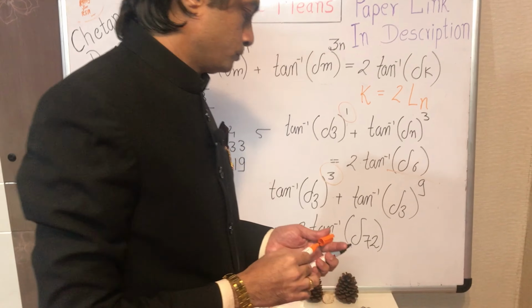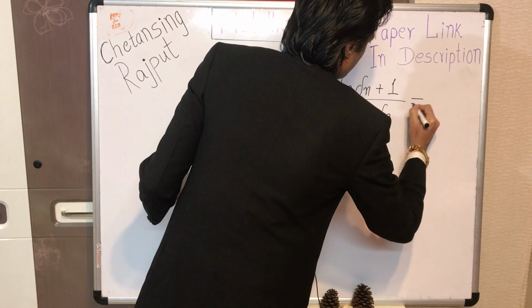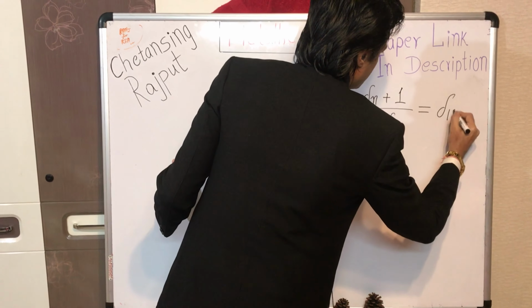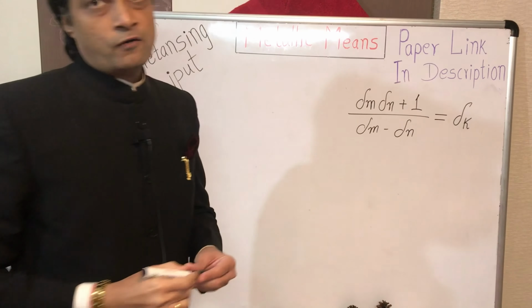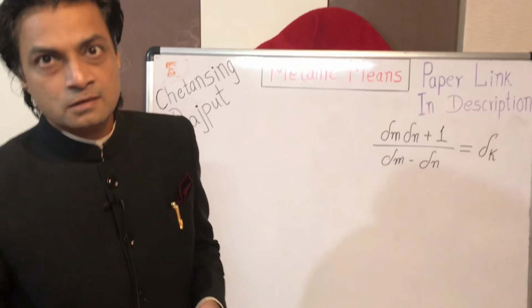Remember our very first formula: the mth metallic mean into the nth metallic mean plus 1, upon the difference between these two metallic means, delta m minus delta n, gives the precise value of some kth metallic mean, where (mn plus 4) upon (m minus n) precisely equals the value of k.